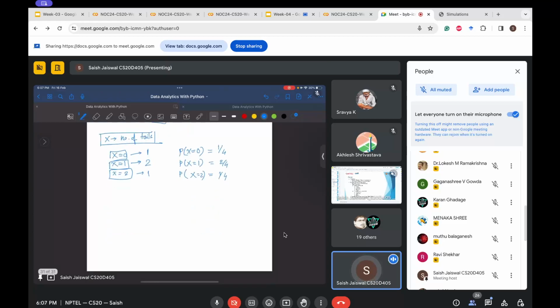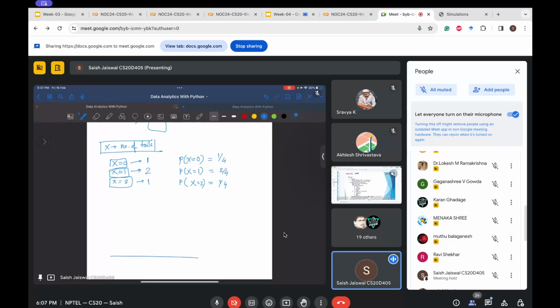If you plot this, this is my axis representing random variable values. This is x, and it can take 0, 1, 2. Let me have this y axis which represents probability. It can be max 1.